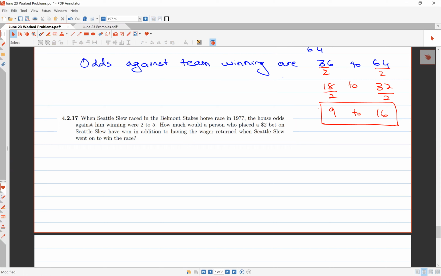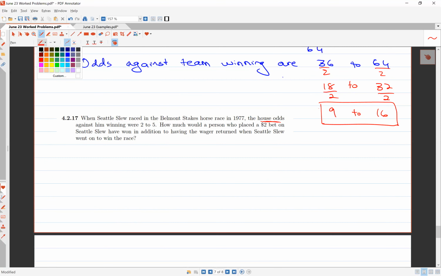We refer to these as house odds, and house odds have very little to do with how likely outcomes are. House odds just tell you what the payout is if you make the right bet. The house odds are typically set up in such a way that they favor the casino or the racetrack wherever you're betting. So if you see house odds, there's still odds against, but they don't actually tell you how likely something is. They just tell you how much money you make if you place a bet.